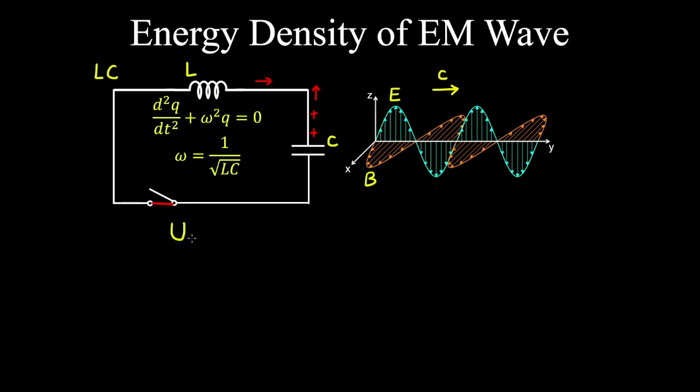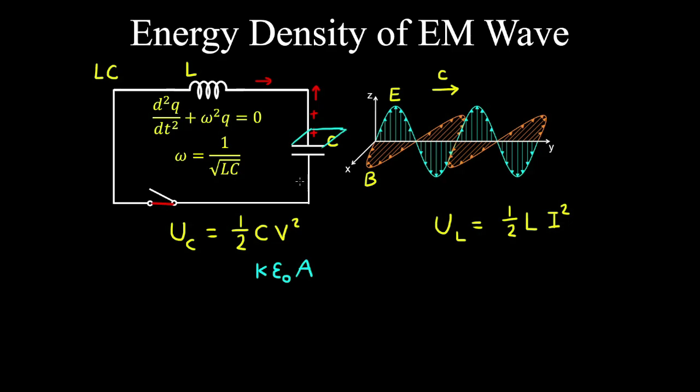So the energy stored in the capacitor is equal to 1/2 by the capacitance by the square of the voltage, and the energy stored in the inductor is 1/2 by the inductance by the square of the current. And recall for a parallel plate capacitor, the capacitance is the dielectric constant by the electric permittivity of free space by the area of one plate of the capacitor over the distance between the plates.